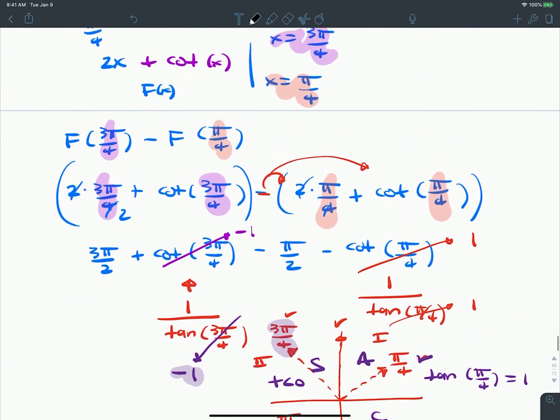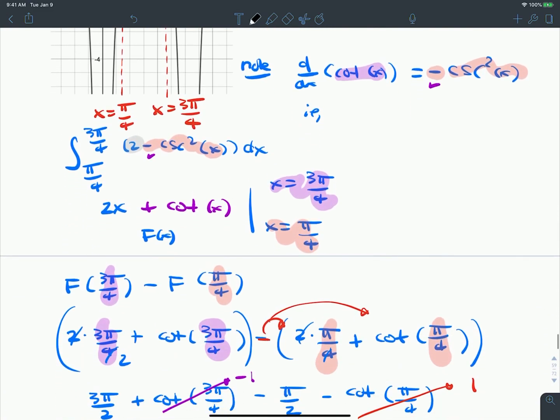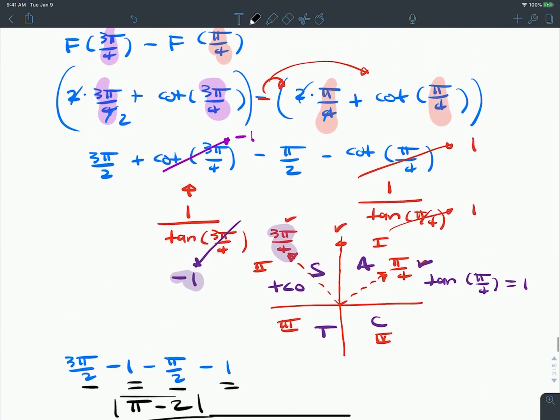So the area under this curve here is really pi minus 2. And remember, pi is about 3.14, so 3.14 minus 2 is in fact a positive number. But this is all the details that you go into integrating.